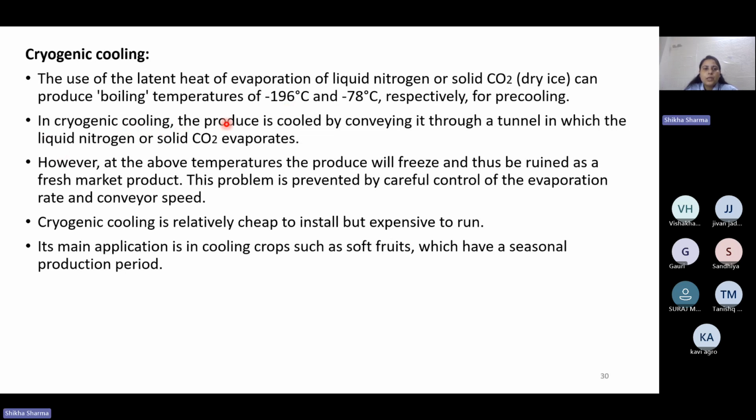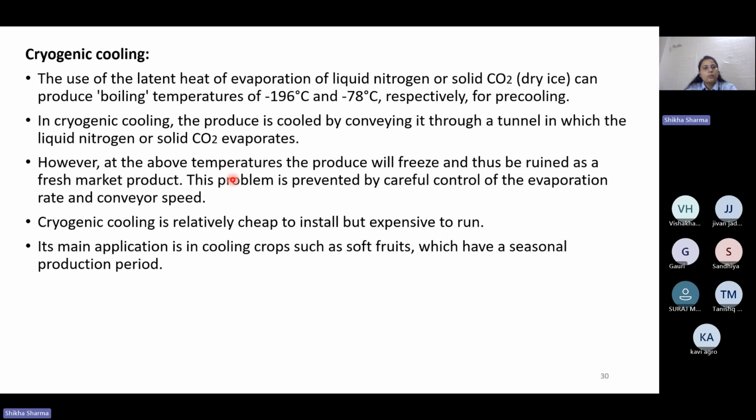In cryogenic cooling, the product is cooled by conveying it through a tunnel in which liquid nitrogen or solid CO2 evaporates. Since they take heat from the food product and their boiling points are very low, as soon as they get heat from the product, they evaporate themselves.